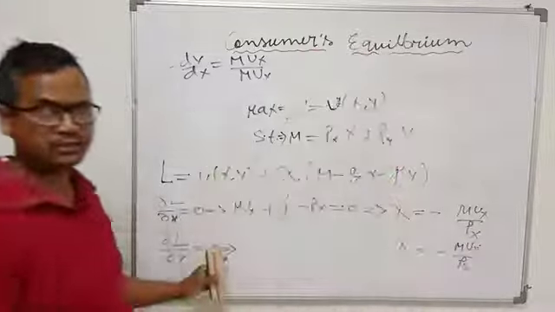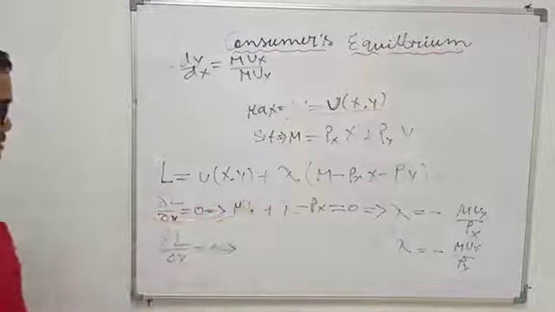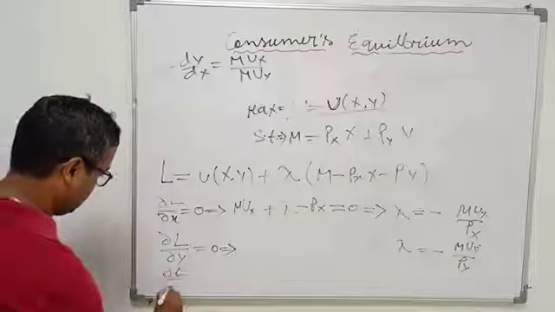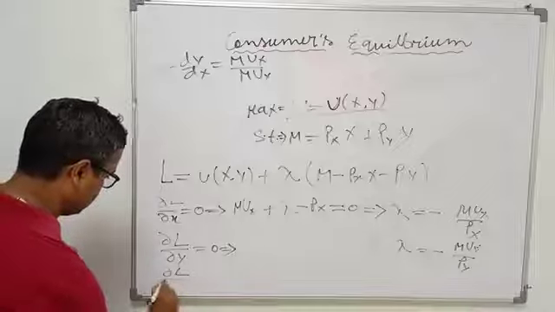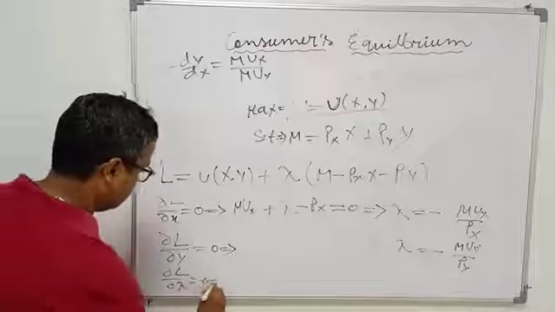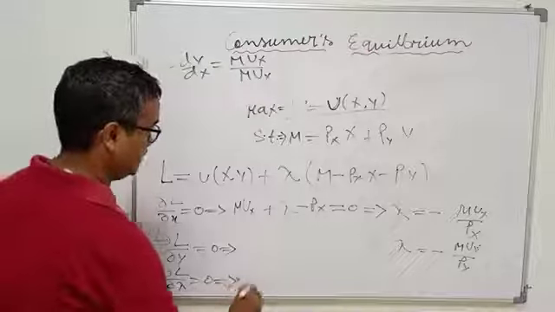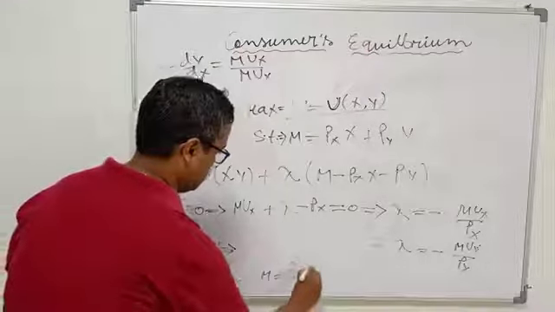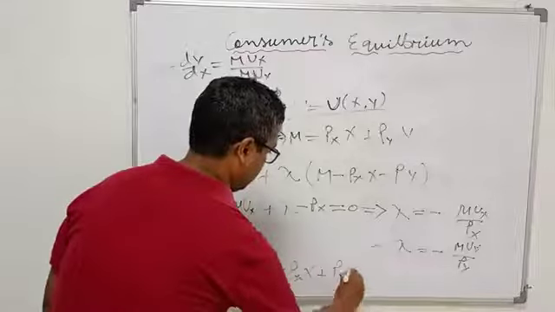You have to do it yourself. Also you have to do partial differentiation with respect to lambda equal to 0. Ultimately, you will get M equal to px x plus py y.